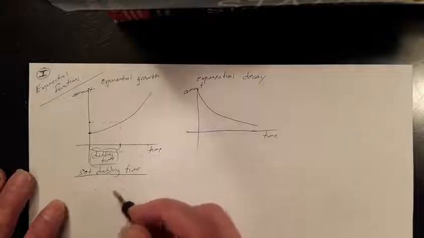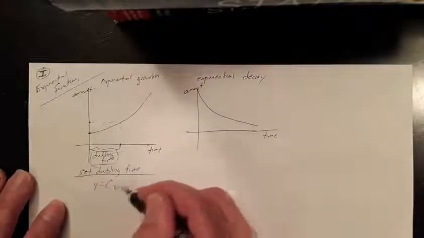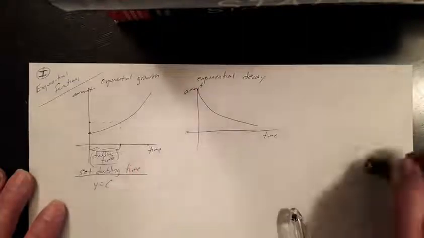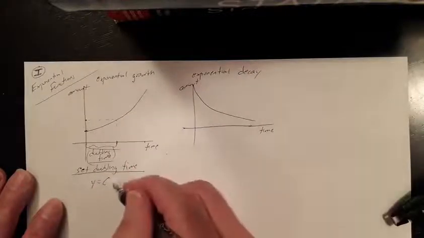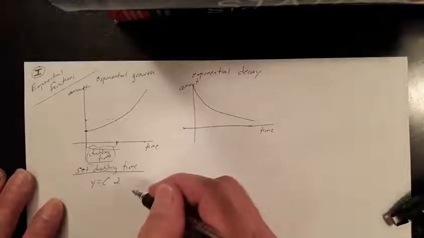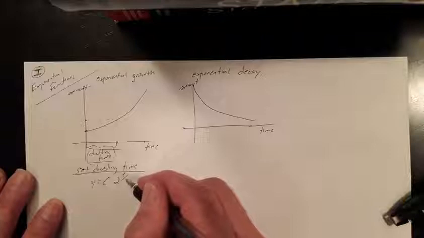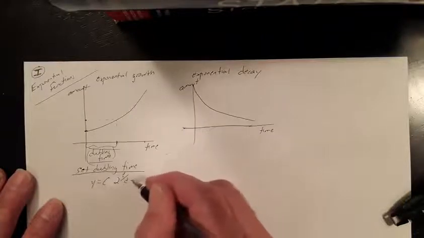So that's why every exponential function can be written like y equals c times 2 to the t over d, where d is the doubling time.